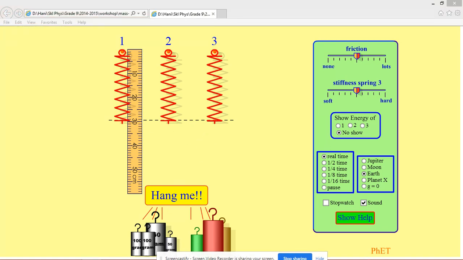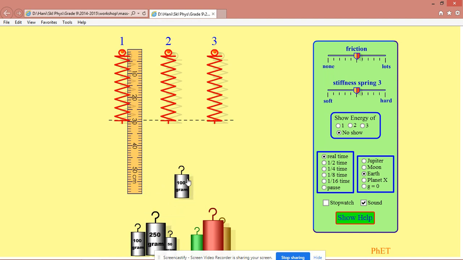I'll hang a 100 grams mass to this spring. I just increased the friction so the spring will stop. If we measure the new length of the spring, we'll notice that it's about 40 centimeters.